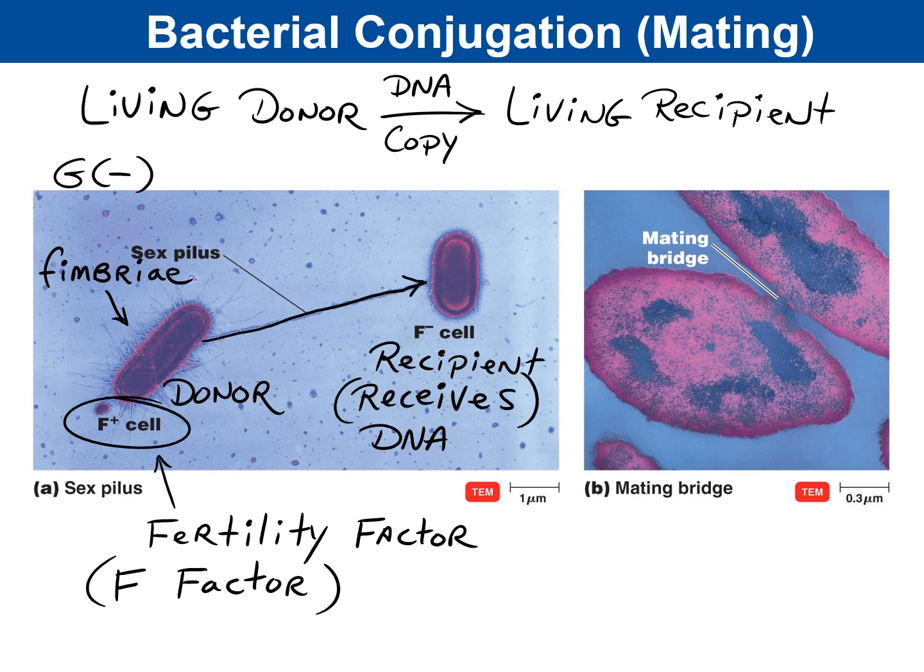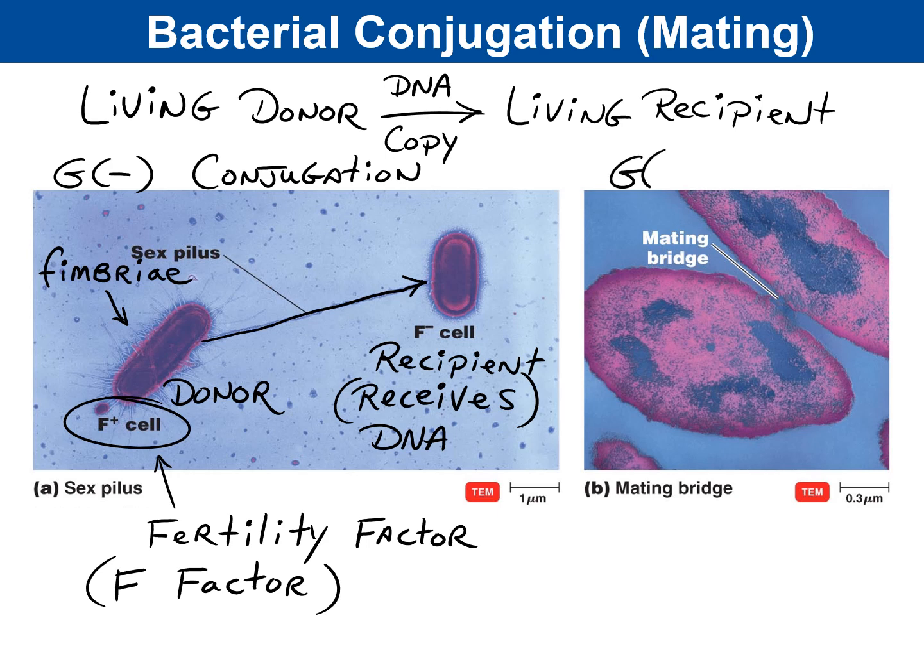So after this act of conjugation, it may be later observed that the F minus recipient could become able to produce fimbriae, as well as maybe receiving a copy of the F factor. And in the next slide, we'll see what those possibilities are, where an F positive cell can transform, well, in a sense, cause an F minus cell to become positive.